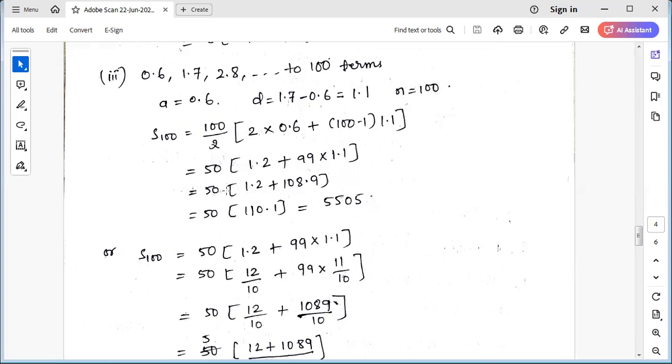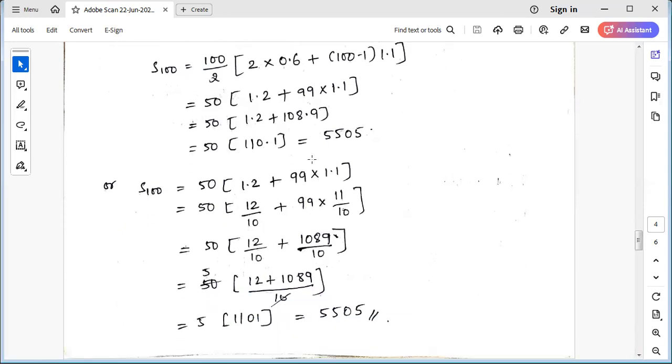So this is equal to 50 into 1.2 plus 99 into 1.1, which is 108.9. So this is equal to 50 into 1.2 plus 108.9, which gives 110.1. So 110.1 into 50 gives 5505 as the sum.